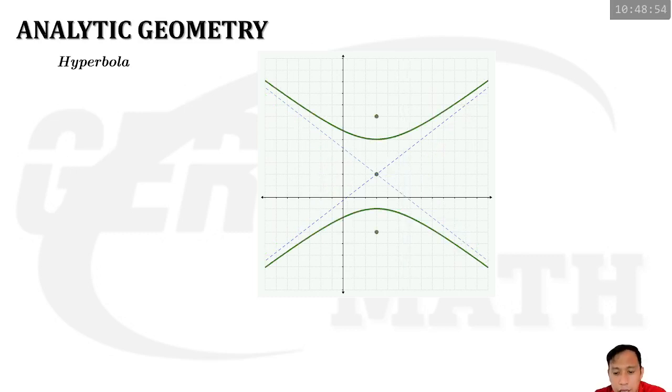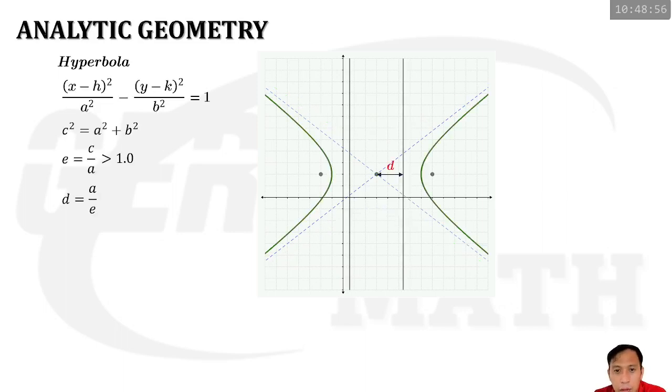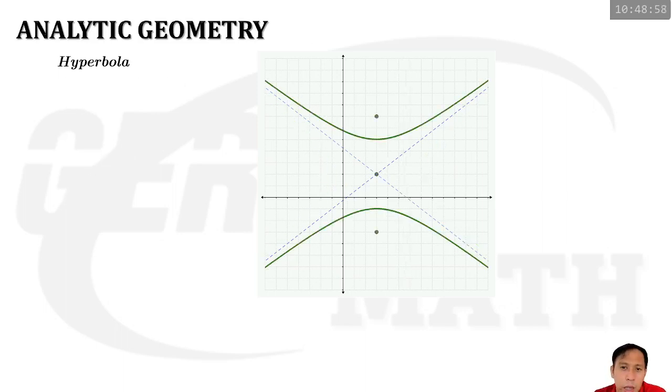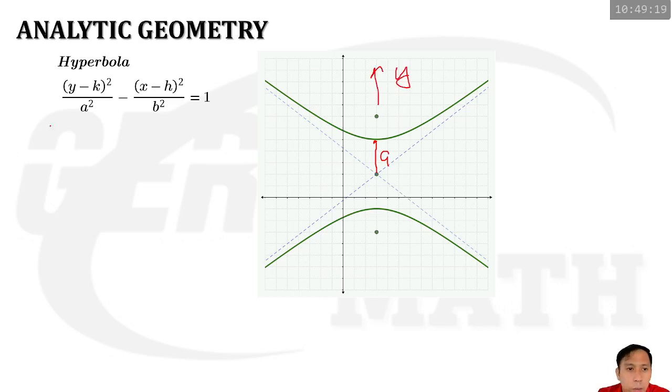Now, this kind of hyperbola opens upward and downward. The transverse axis is this, this is the a. Since it goes towards y, the a squared should be under the y, and that is on the positive side.